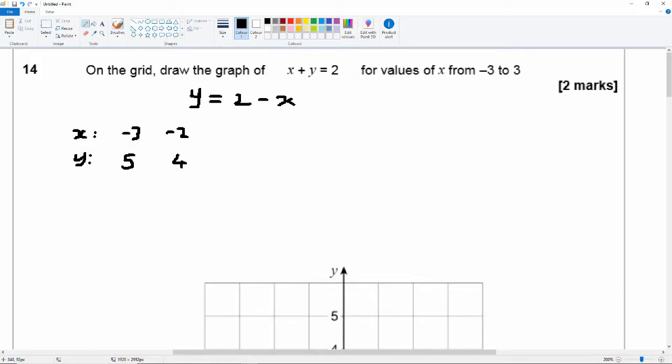And if x is -1, 2 minus -1 is 2 plus 1, which is 3. And if x is 0, 2 minus 0 is 2.